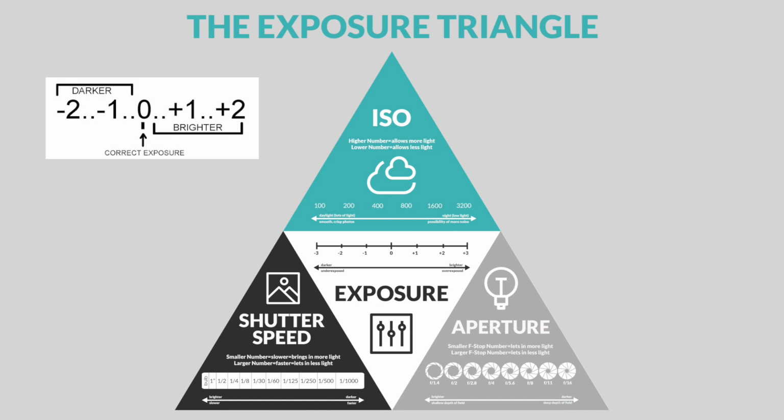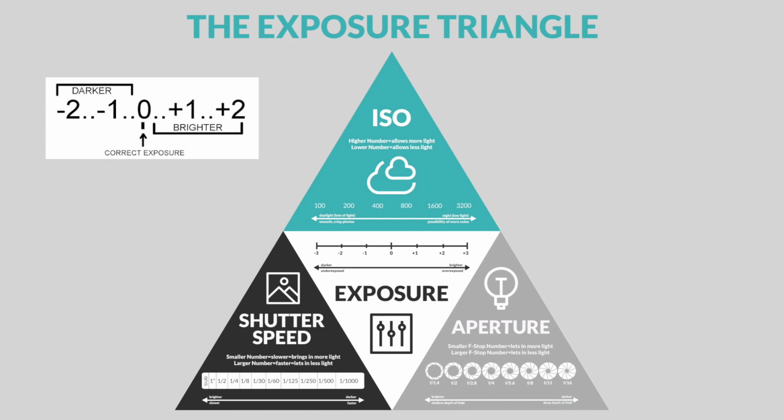So all that's left to do is to set our shutter speed, and we can move our shutter speed until that line sits on the 0. So let's just say we move our shutter speed to 1/250th of a second, and at 1/250th of a second at f2.8 at ISO 200 it is reading a correct exposure with the line going along 0.